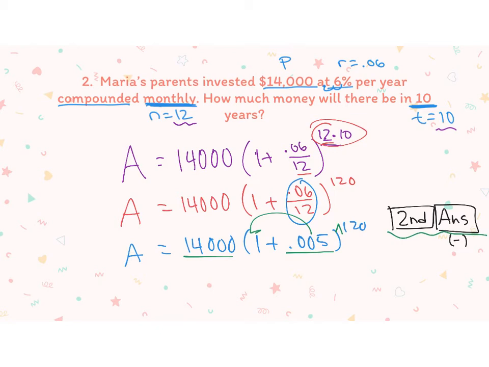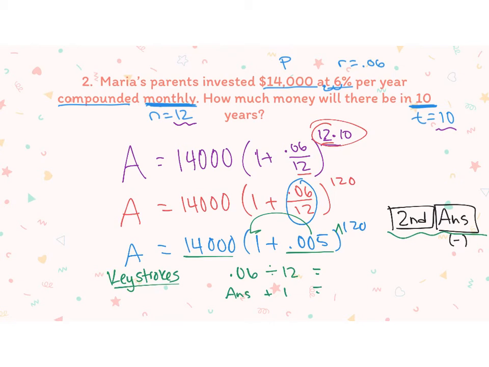Okay, so let me write that out for you in keystrokes. These are my keystrokes here. See if I have enough room. So I start with 0.06 divided by 12. Hit enter. Then I do answer plus 1, hit enter.